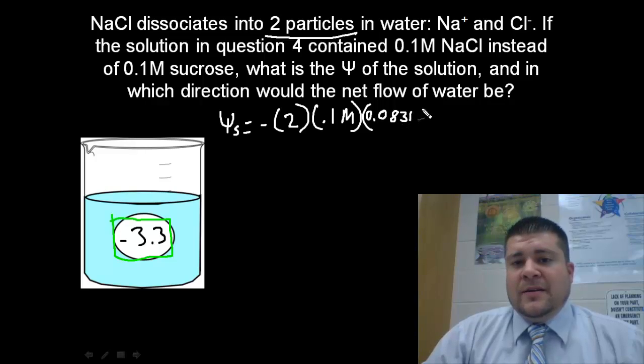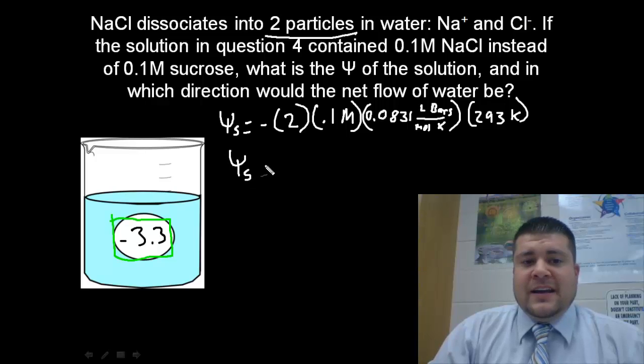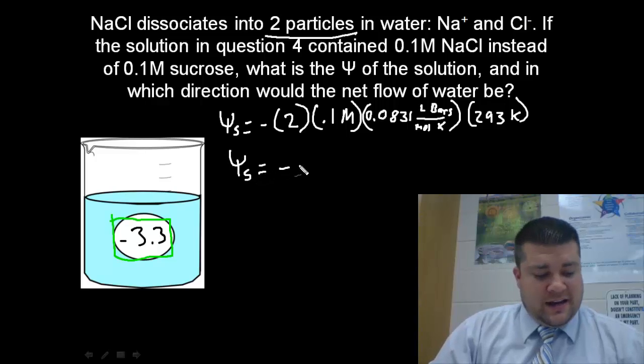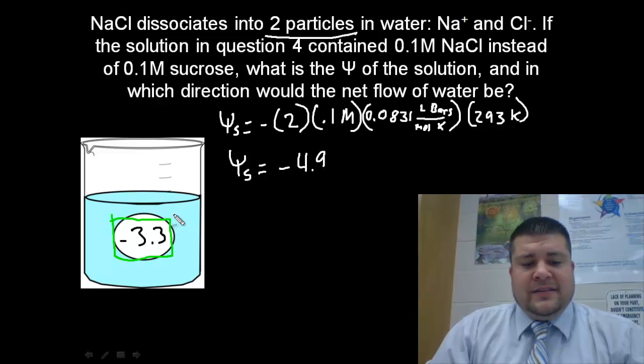0.0831 liters bar per mole Kelvin, and then this would still be 293 Kelvin, which I got from adding the 20 degrees Celsius plus the 273 for the conversion, and the psi S would equal a negative 4.9.